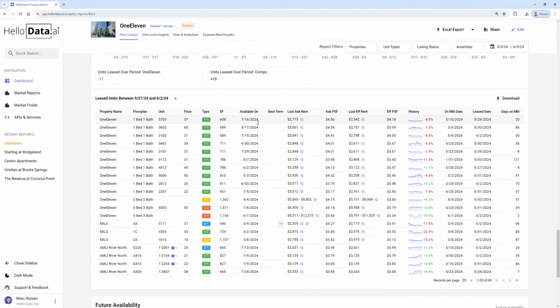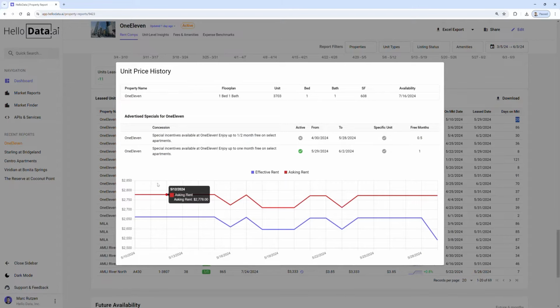We see when it entered the market, or when it will be available for move-in, I should say, and when it leased, and how long it was on the market, right? So in this case, pretty short price history, it's only on for a couple weeks, and then it was removed right when they added that 1 month free rent concession, right? So the effective rent, $25.42 in this case.